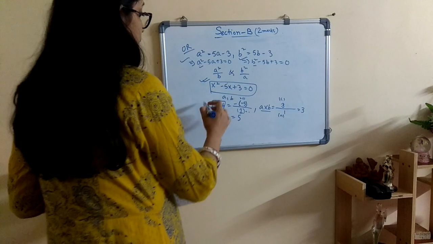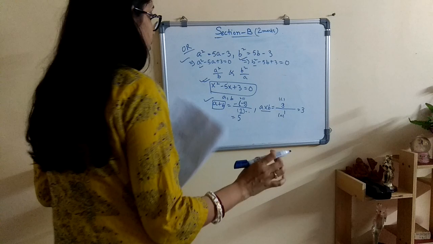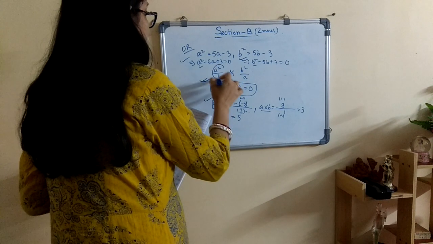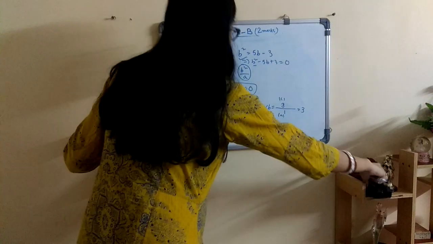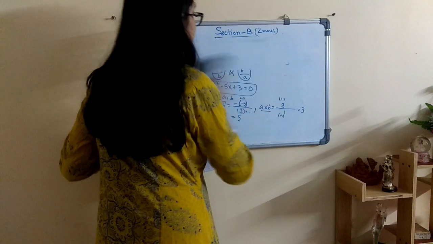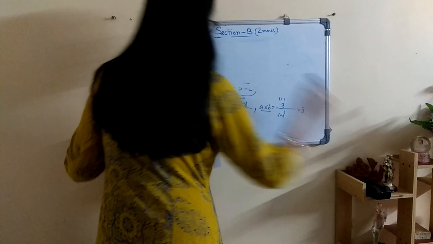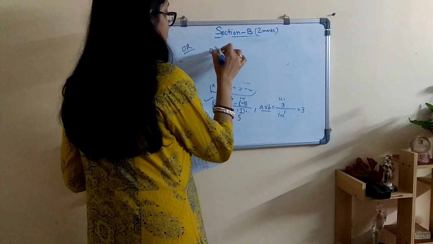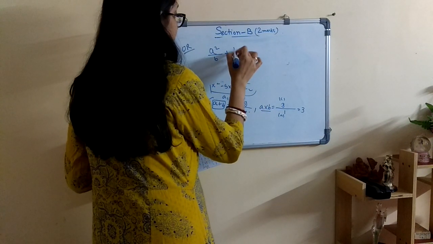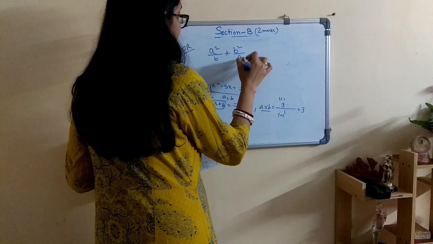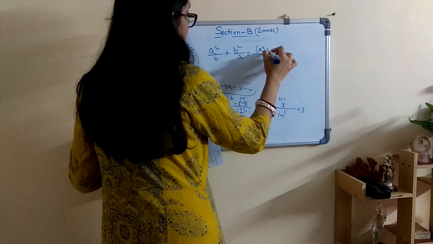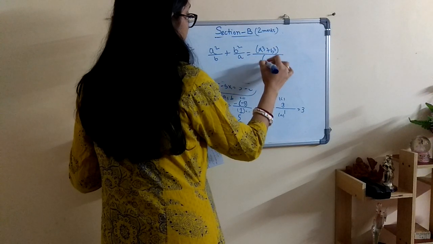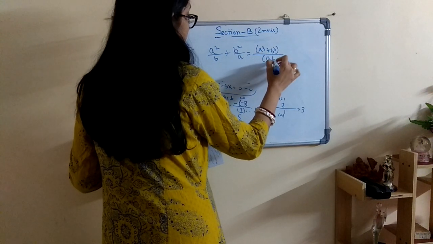So now we have got the values of a plus b and a into b. Now we can easily find this. For finding this, we will first add these two roots, then multiply. How? A square by b plus b square by a. It is a cube plus b cube over ab.